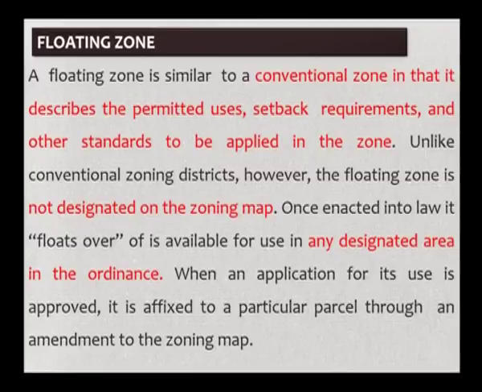Once enacted into law, it floats over or is available for use in any designated area in the ordinance. When an application for its use is approved, it is then affixed to a particular parcel through an amendment on the zoning map. So, this offers the planning authorities as well as the development authorities a lot of flexibility.